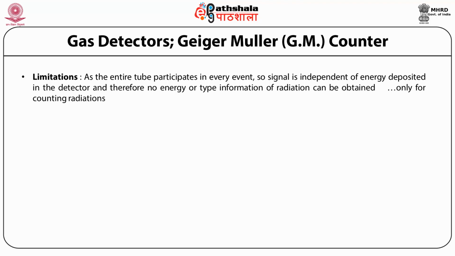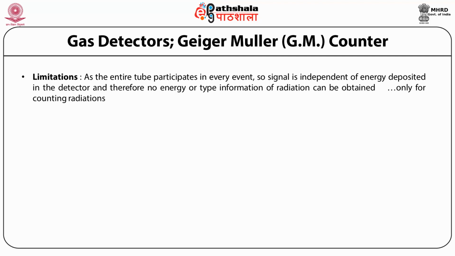Why is it so? Because in the avalanche the number of charge carriers created is fixed. Say, for example, in every avalanche 10 to the power 10 electrons are produced. Whatever the energy of the incoming radiation, primary radiation will be produced, and then due to secondary radiations, an avalanche will be produced. And in the avalanche, every time 10 to the power 10 electrons are produced, after that the detector stops working.